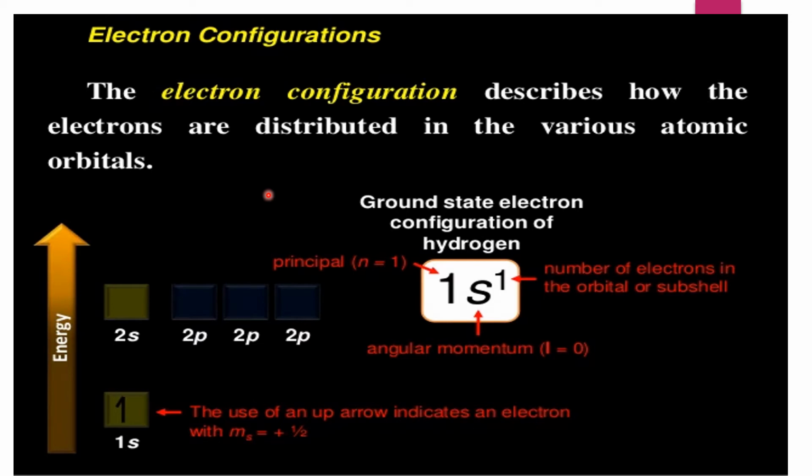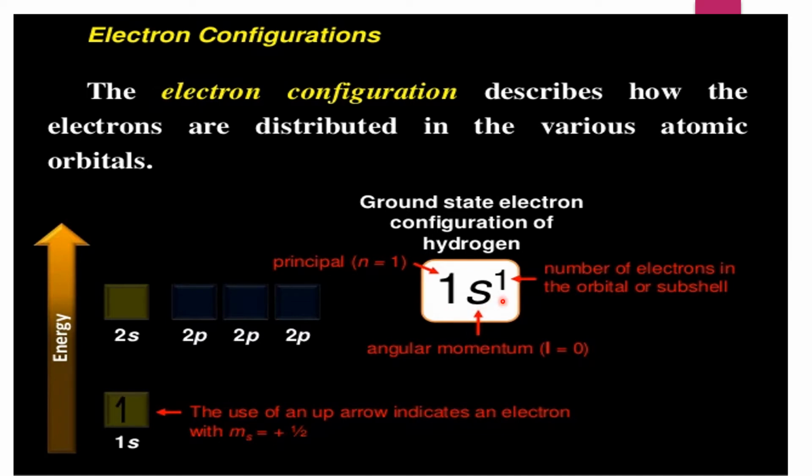So the distribution of electrons in various shells is known as electronic configuration. It describes how the arrangement is done in an atom. For example, if you see here 1s1, this represents that in the first orbit of s orbital, one electron is present.